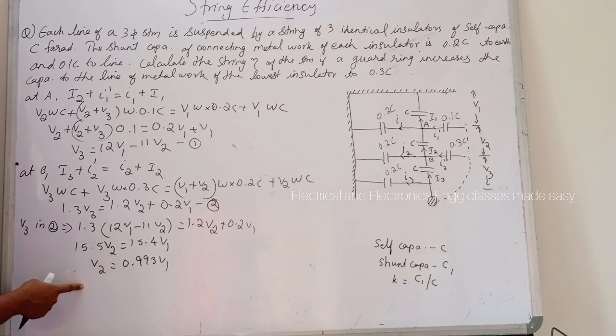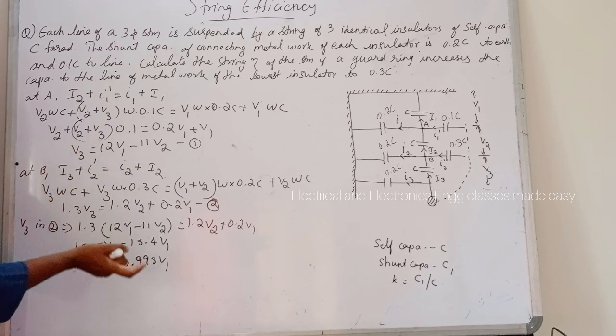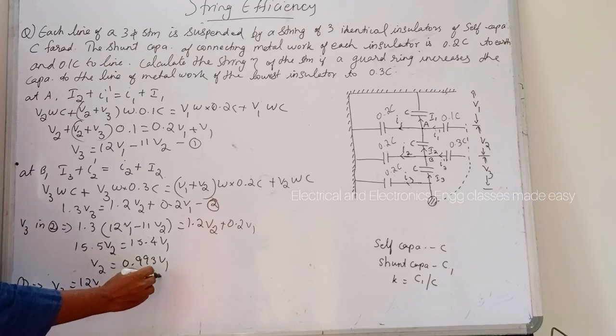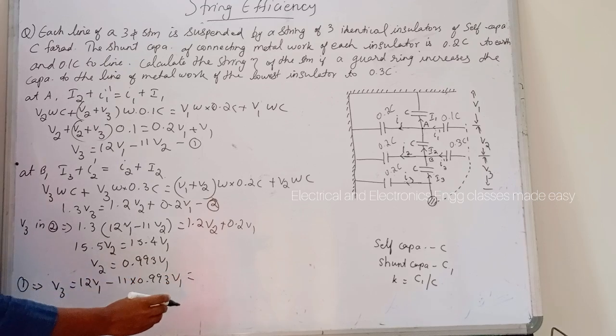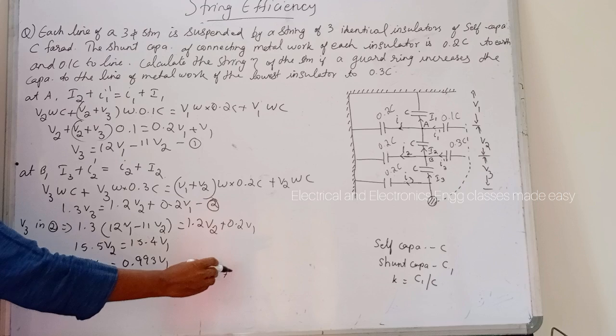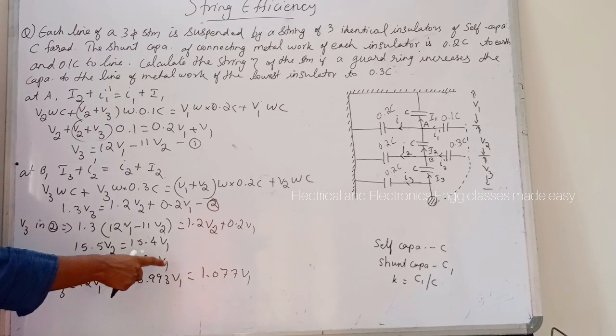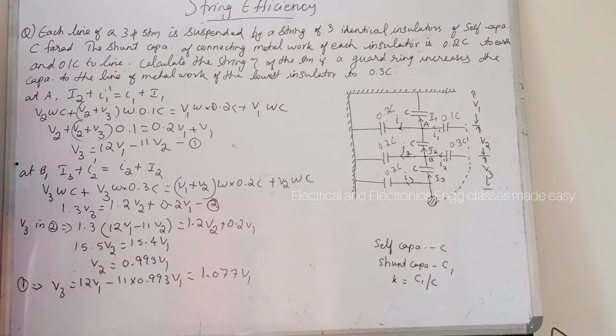Then to get the value of V3 in terms of V1, substitute the value of V2 in equation 1. So we will get V3 is equal to 12 V1 minus 11 into 0.993 V1, which is 1.077 V1. So V3 and V2 in terms of V1 are obtained.